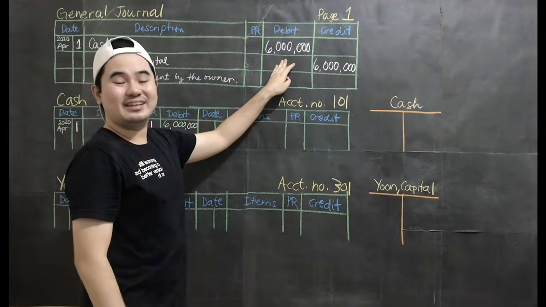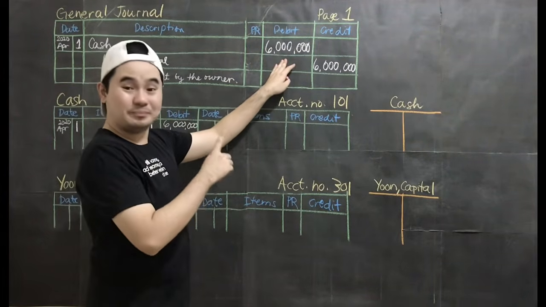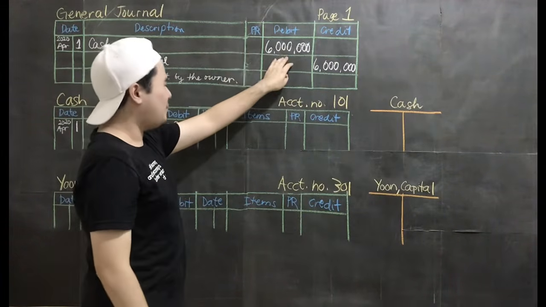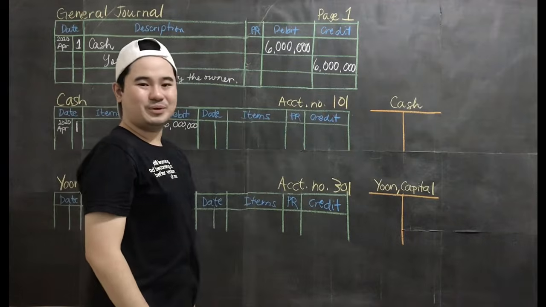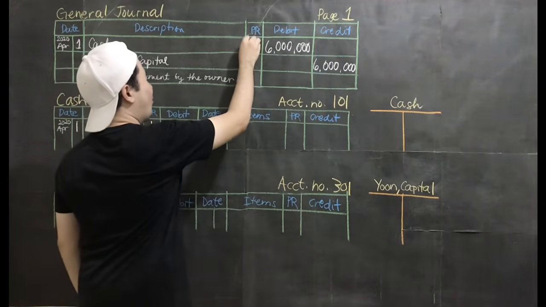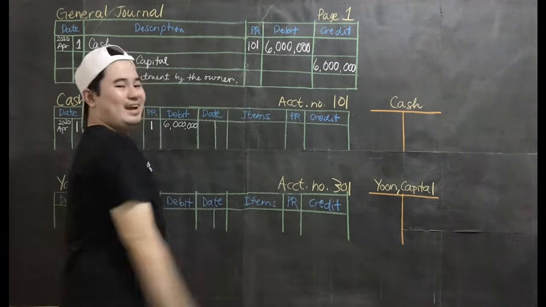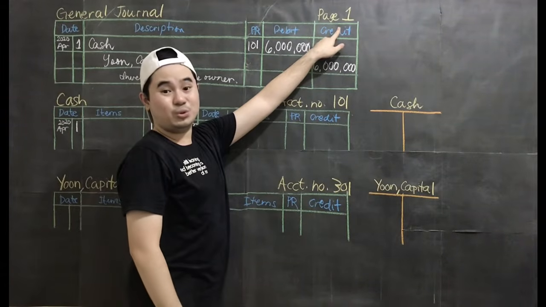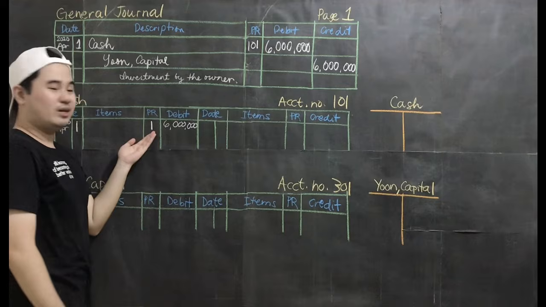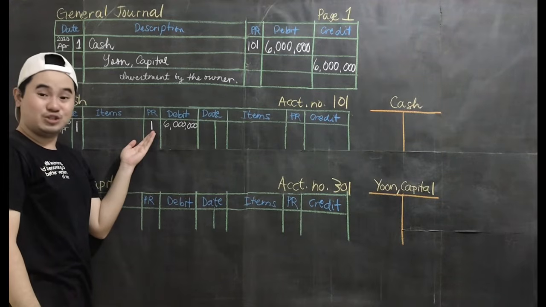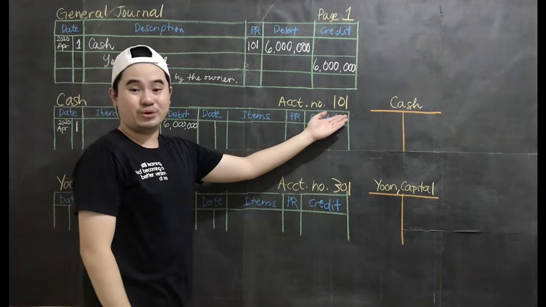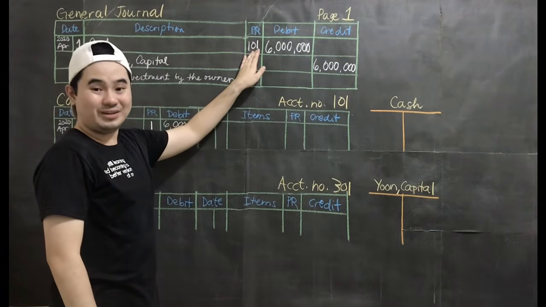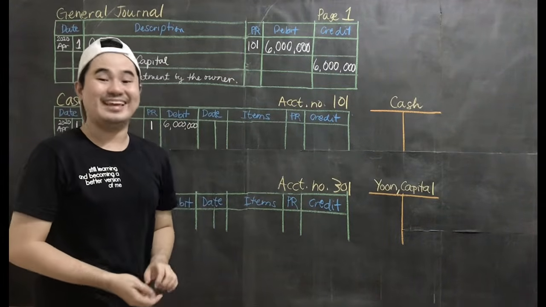To signify that this has already been posted, ilalagay ko dito yung account number. Na-post ko na to sa account number 101. So, lalagay ko dito 101. Ang tawag sa paglalagay ng page number of the journal in the posting reference column of the ledger and the account number of the ledger in the posting reference column of the journal ay cross-indexing.